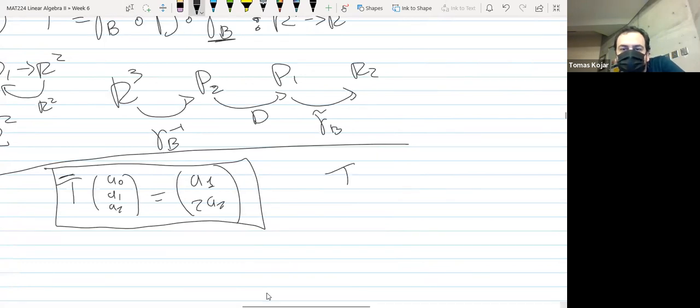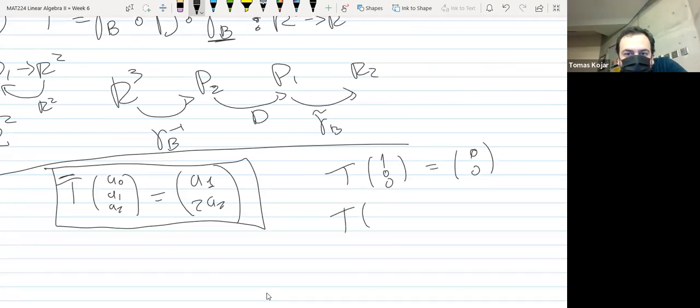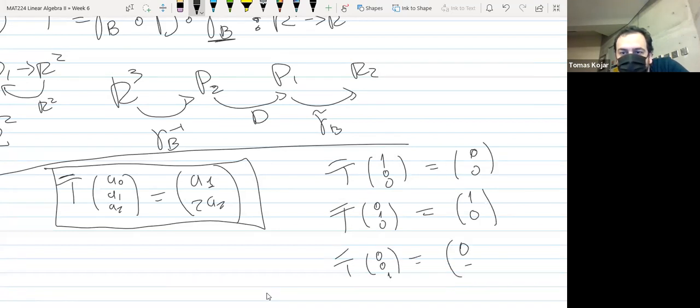So yeah, you need (1,0,0) to get mapped to the origin. You need what else? (0,1,0) to get mapped to (1,0). And let me put T bar here. And then (0,0,1) to get mapped to (0,2).